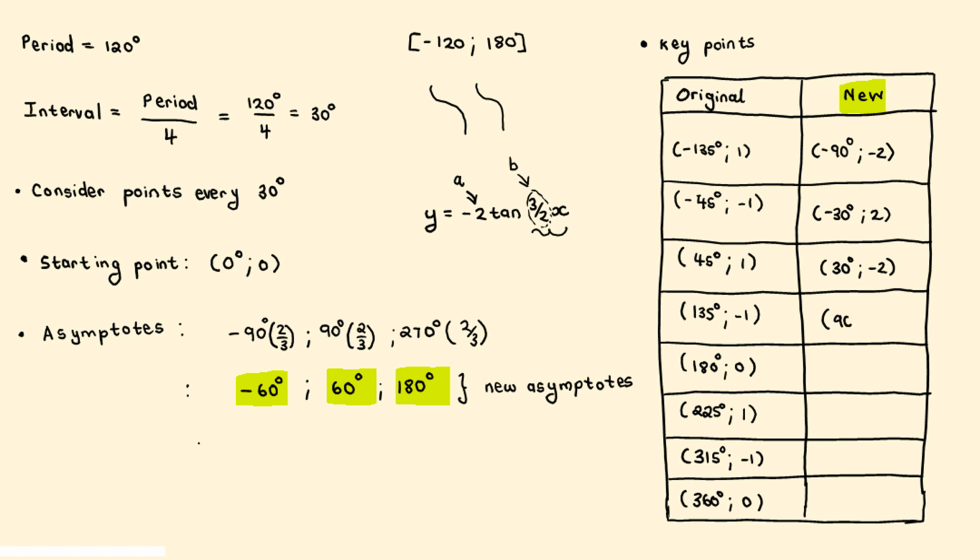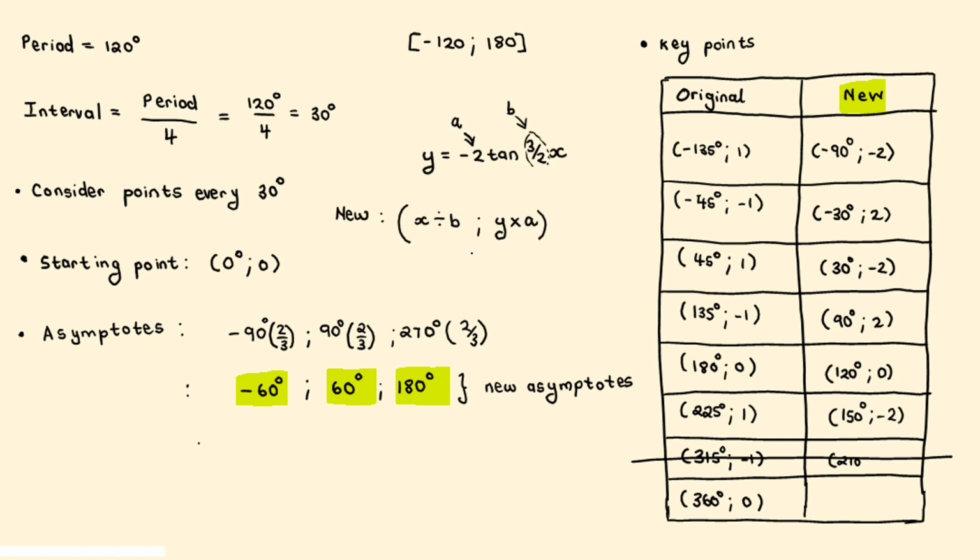Then you're going to have (90 degrees, 2). (120 degrees, 0). (150 degrees, -2). Then 210 degrees, and 210 degrees is outside our interval, so that's where we're going to stop. Okay, so now we have everything that we need in order to plot our graph.